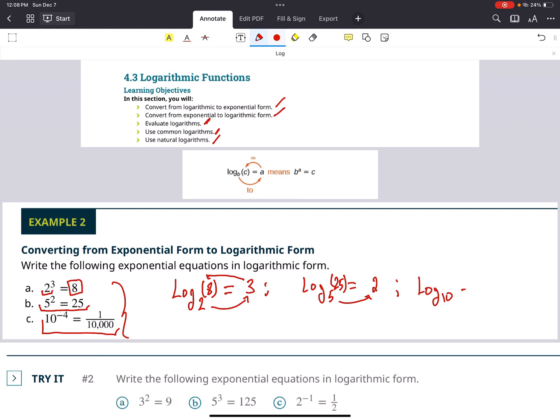So write down log 10, which equals the exponent, which is negative 4, since 10 is raised to the power of negative 4. Then you write down 1 over 10,000, since 10 to the power of negative 4 equals 1 divided by 10,000. And that's pretty much it for the basic understanding of a log.